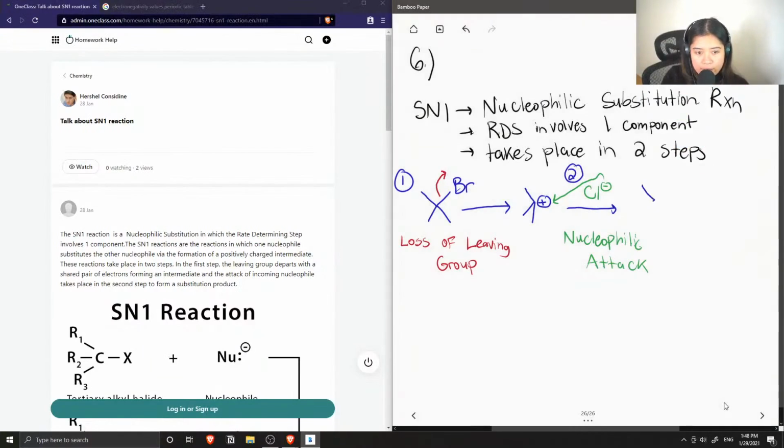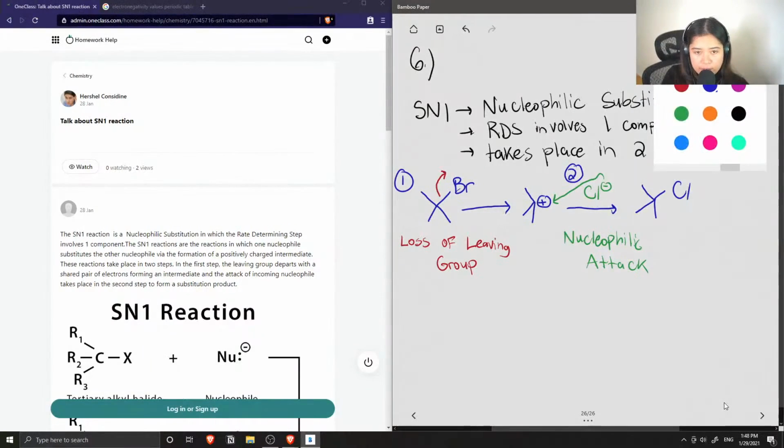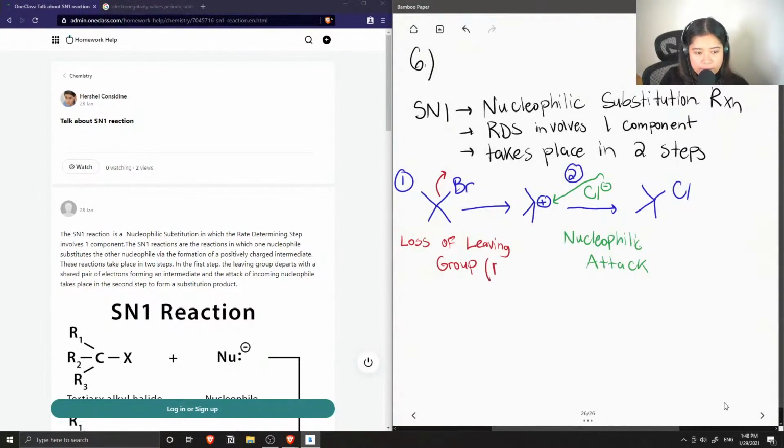And our final product now has a chlorine group. That can be any nucleophile, but I just used chlorine for the example. And the loss of our leaving group is known as the rate determining step.